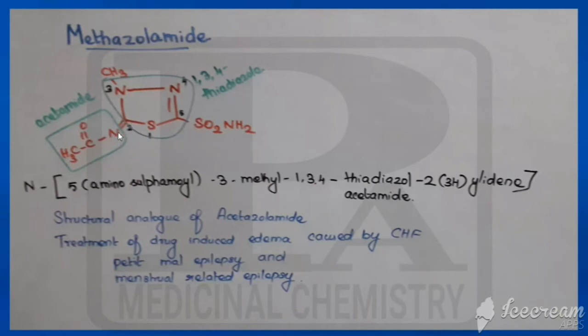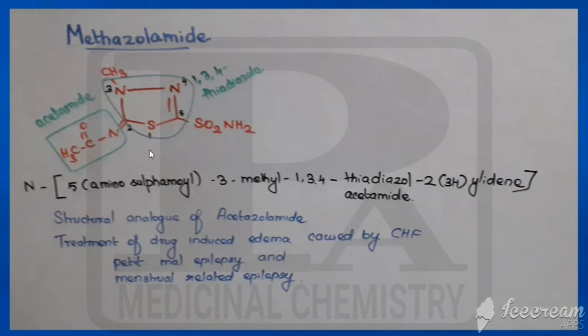That's why N-[5-(aminosulfonyl)-3-methyl-1,3,4-thiadiazol-2(3H)-ylidene]. The second position is connected with that, that's why 2-ylidene. Before that, if methyl is not there, there may be hydrogen, that's why 3H. Why is it ending with 'ene'? Because of the presence of this double bond. So ylidene, close the bracket, and acetamide. So that is the chemical name of methazolamide.